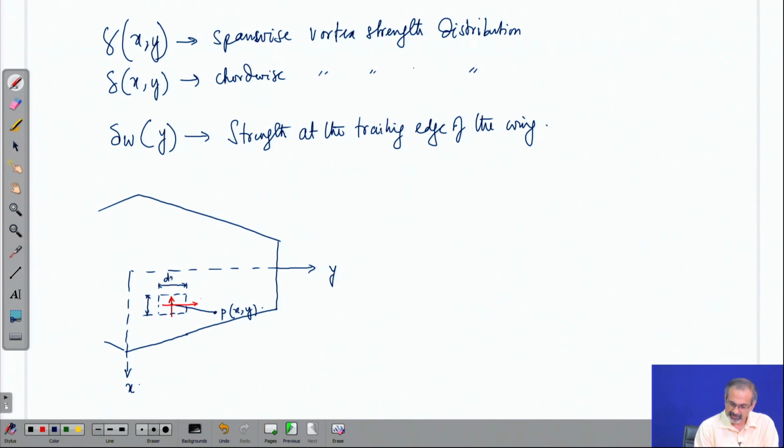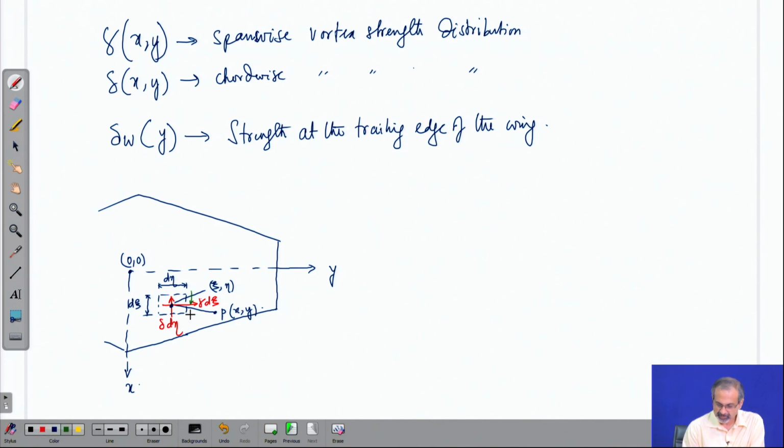Let us call this d eta, let us call this d xi. Let us mark this point as xi eta. This is of course 0 0, and you remember that we will have gamma d xi and delta d eta strength filaments acting through that xi eta point.